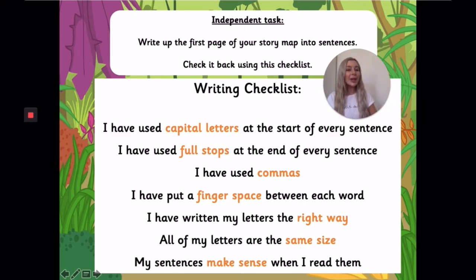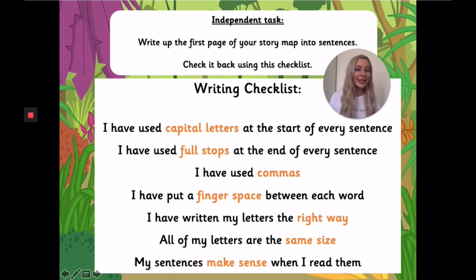And always check back your work to make sure that it makes sense, because sometimes when we're focusing on writing, it's so easy to make tiny little mistakes, maybe to miss a word out or to spell a word completely wrong that you would usually know exactly how to do. So please make sure that you're checking back your work regularly and carefully, because it will just help to make sure that it's all really, really good.